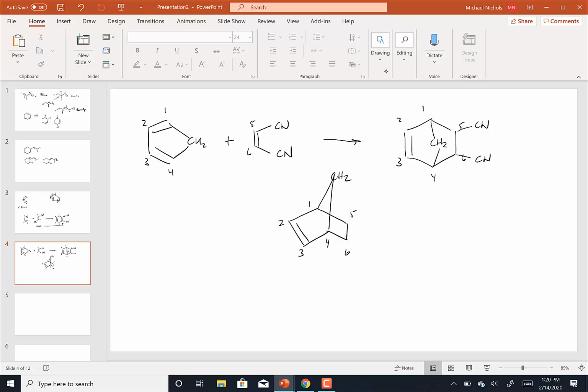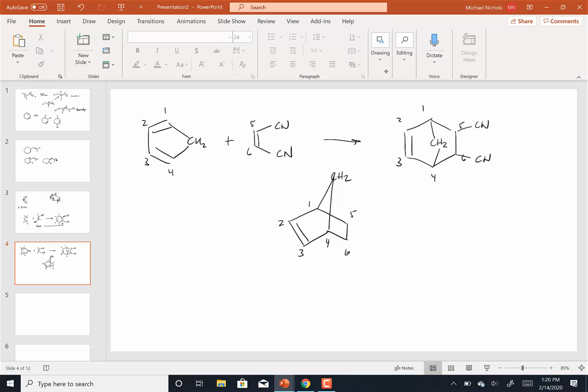And if that doesn't make sense, you don't have to worry about naming it. But these are 2 fused 5-membered rings together. So the CH2 would be called a bridge. Now, carbons 1 and 4 would be called bridgeheads, and I'll come back to those in a minute or two. So this is what it would look like on its side.